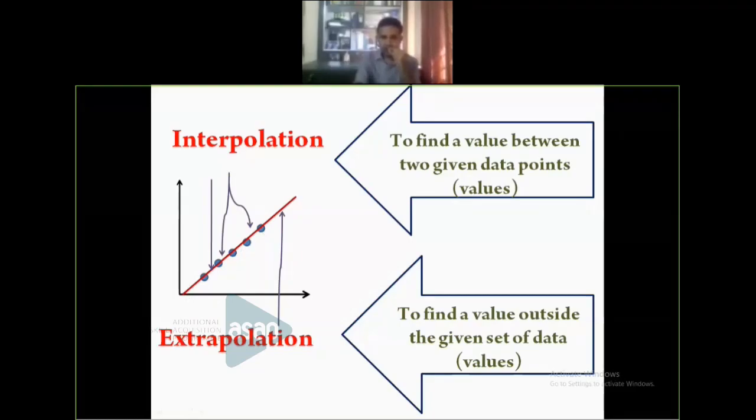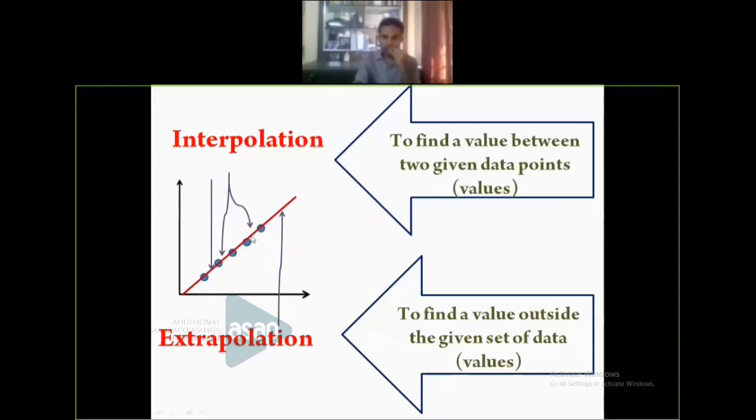But if I ask you for a stress value or a strain value not recorded on your plot, then from the known information you should be able to estimate this missing value. This is what is shown as arrows. The arrows represent the spaces where we need to find these values. This is what we normally call interpolation, as you see from the small note already written: to find a value between two given data points, from something already given to you, where you find something that is not available.